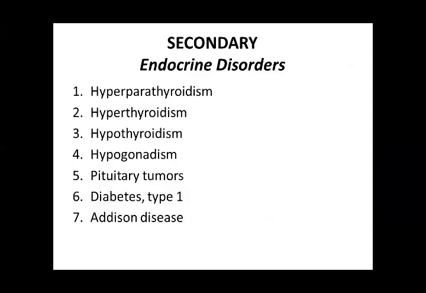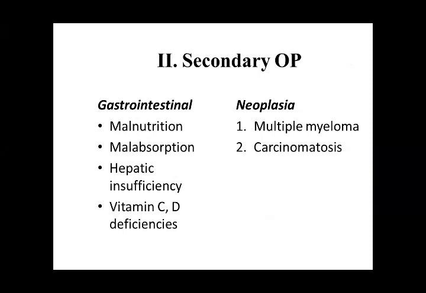Right. So endocrine causes include hyperparathyroidism, hyperthyroidism, hypothyroidism, hypogonadism, pituitary tumors, diabetes type 1, and Addison's disease. Among gastrointestinal causes will be malnutrition, malabsorption, anything that will not let vitamin D and calcium get absorbed will cause osteoporosis.